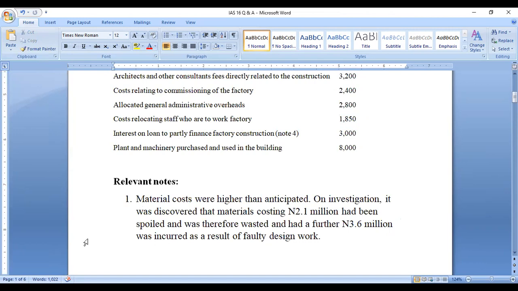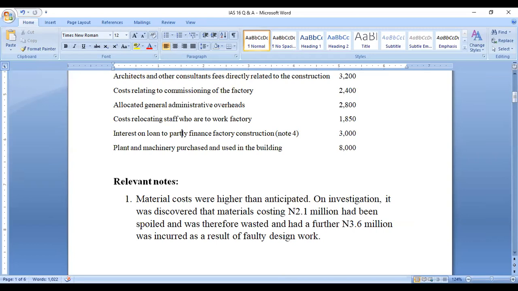So what do you think should be done? How do you understand that particular question? The interest should be in profit and loss. I don't know. Please share the notes again on note 4.